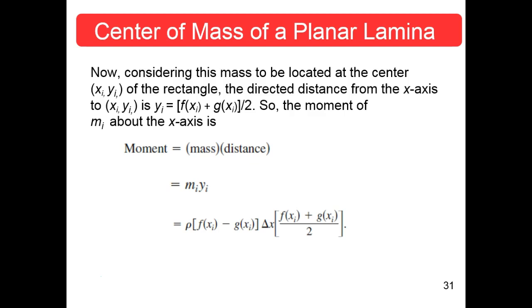If your f of x sub i is up here, and your g of x sub i is down here, the midpoint is found by adding those together and dividing by 2.